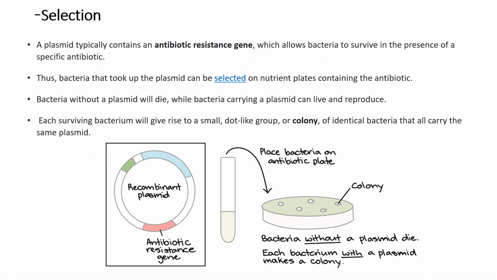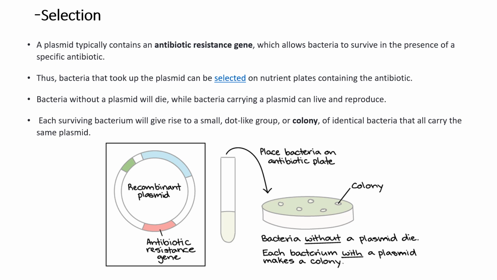Okay, so let's look at the next step, which is selection. A plasmid typically contains an antibiotic-resistant gene. I'll keep this very simple for the purposes of understanding. This gene allows bacteria to survive in the presence of a specific antibiotic.